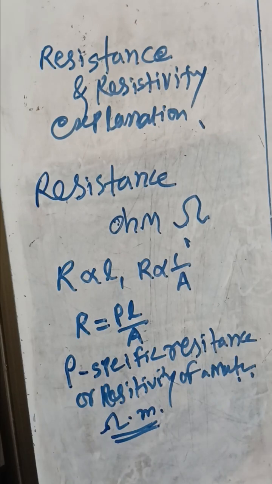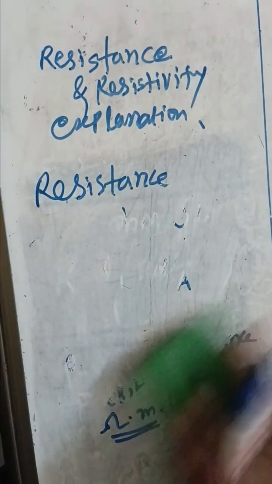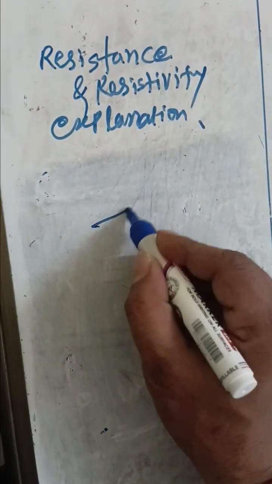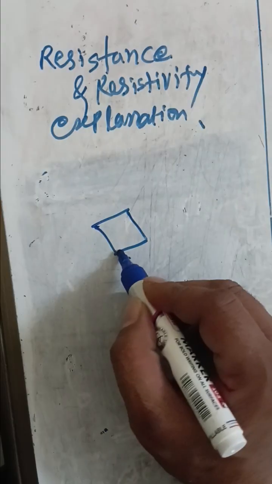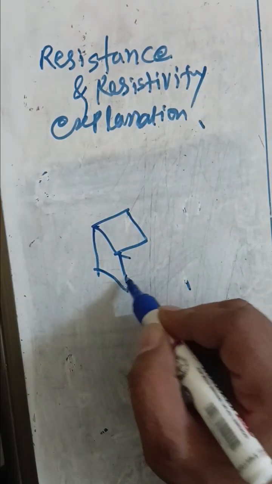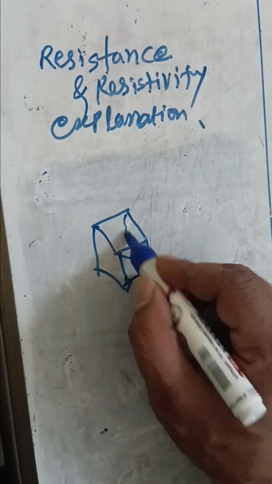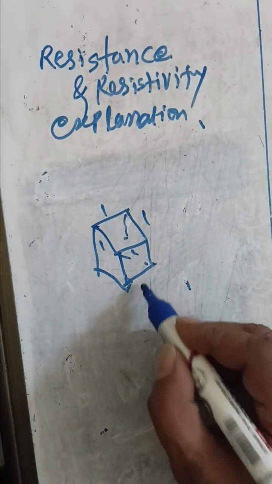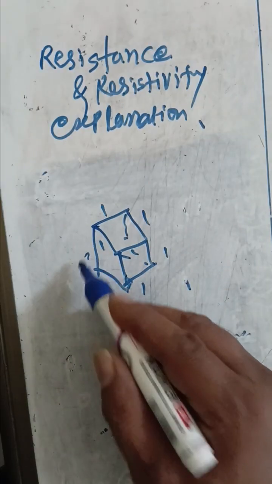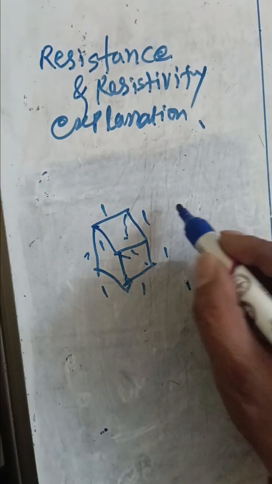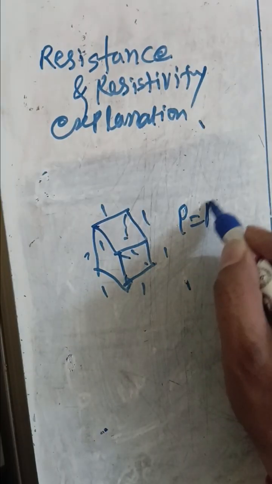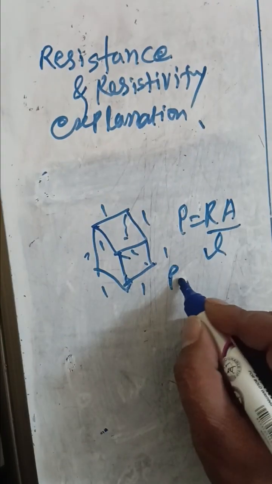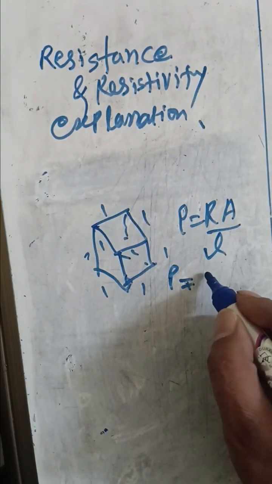Now we take the unit cube, in which each side is equal to 1 meter, or 1 centimeter. In that case rho is equal to RA by L, and resistivity is in ohm meters.